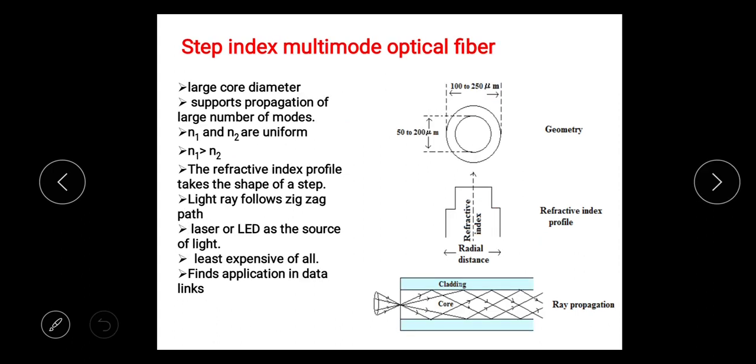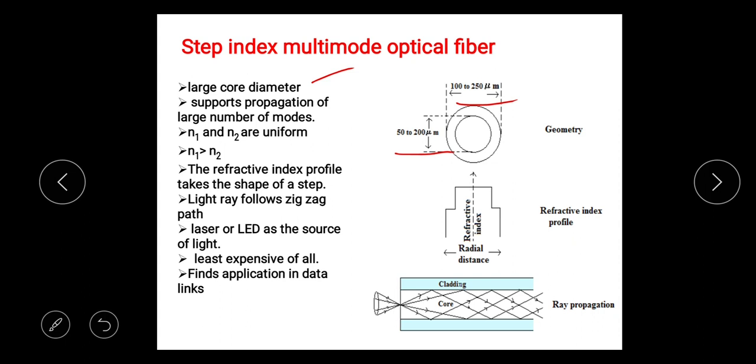Next we'll go for the second one, step index multimode optical fiber. Here also geometry shows the diameter of core and cladding. It has a large core diameter, that is 50 to 200 micrometer, and for cladding 100 to 250 micrometer.